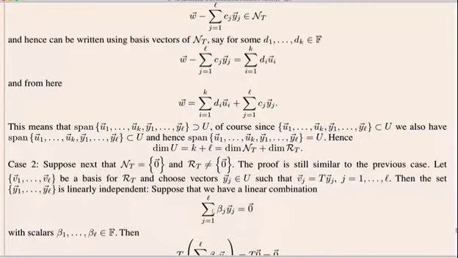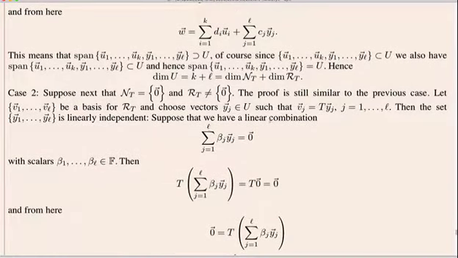Suppose that we have a linear combination, the sum as j goes from 1 to l, beta_j y_j, equals 0, with some scalars beta_1 to beta_l. Then we apply T to both sides of this equation and we get that T of 0 is 0, so that means T of this linear combination is 0.